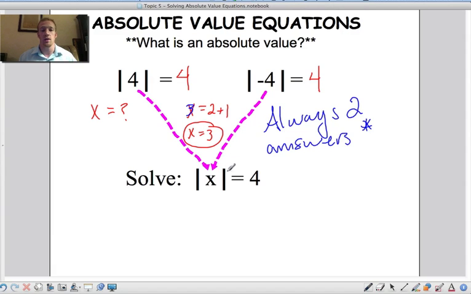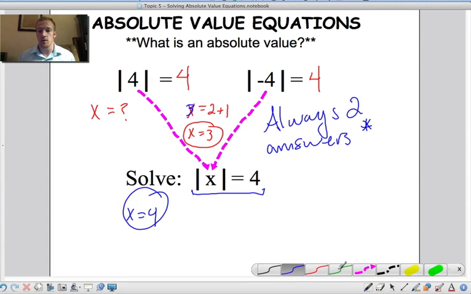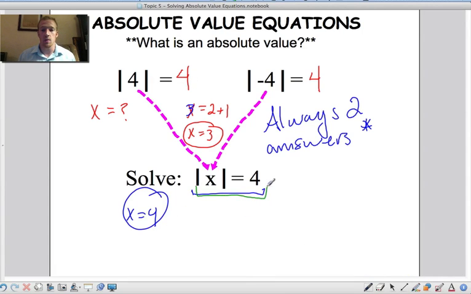It's this idea here. Alright, so what we do is we split these into 2 equations. I'm going to forget about the absolute values, and I'm going to say x equals 4, and that's one answer. And then I'm going to take this same equation, and I'm going to make this side negative. So that gives me x equals negative 4.